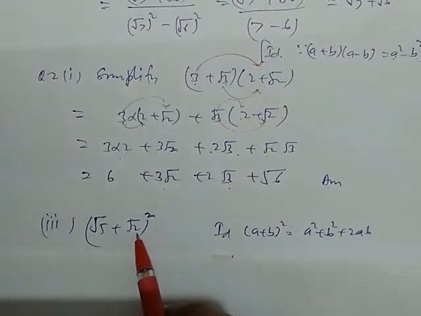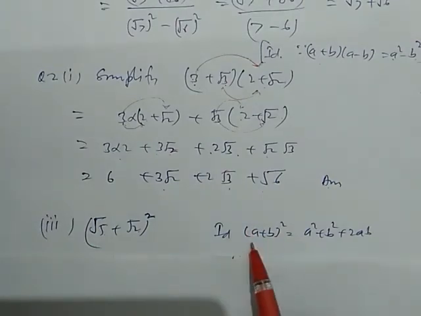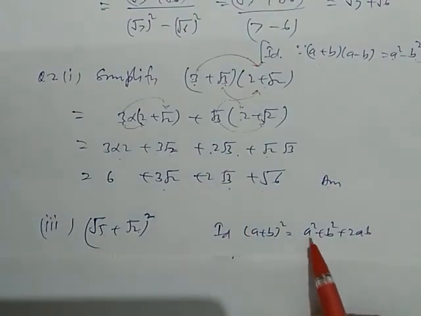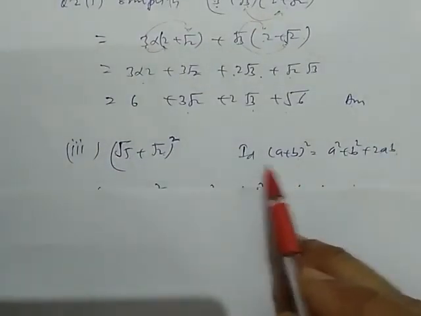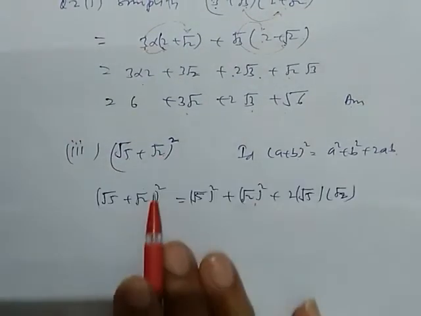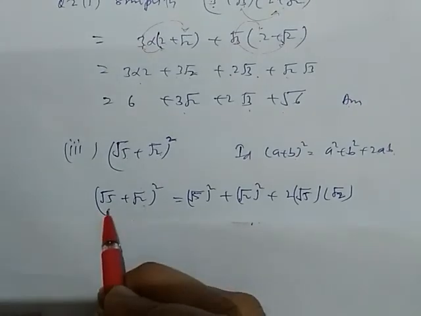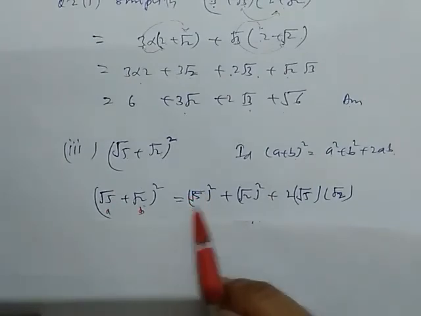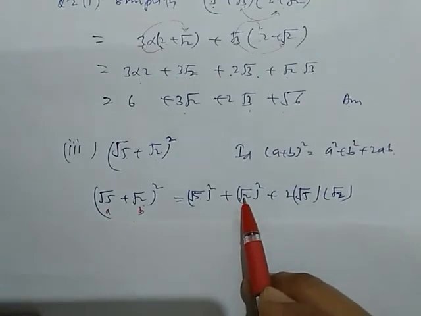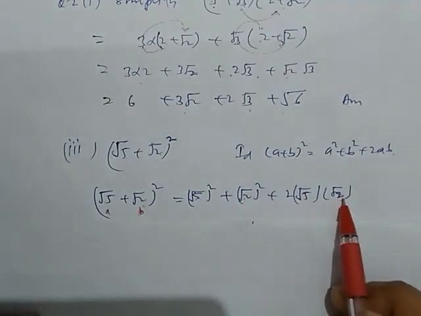Square root of 5 plus square root of 2 whole square. We have the identity first, a plus b whole square equals a square plus b square plus twice ab. Okay, so by using this we can solve this, square root of 5 plus square root of 2. Consider this as a, this as b. So this becomes whole square of square root 5, and this square root 2 whole square, 2ab, 2 square root 5 square root 2.